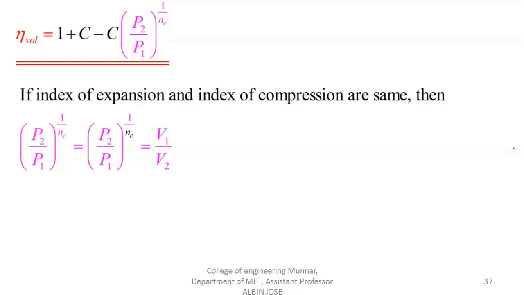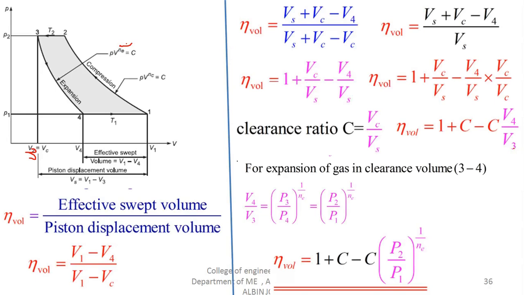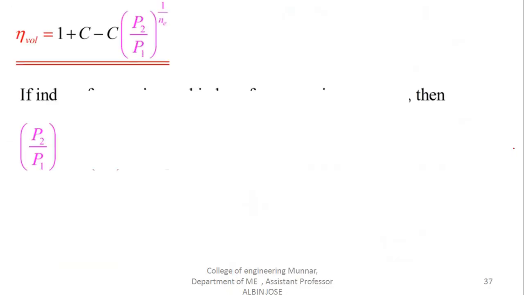Then P2 by P1 all raised to 1 by Nc is equal to V1 by V2. What is V1? V1 is the total volume of the cylinder. And what about V2? V2 is the delivery volume.